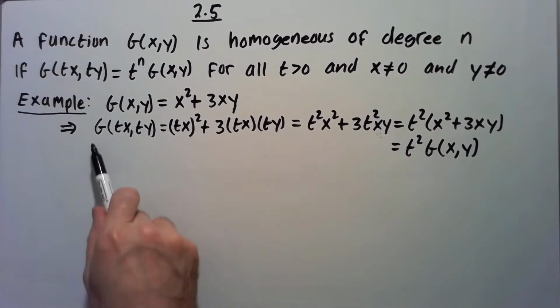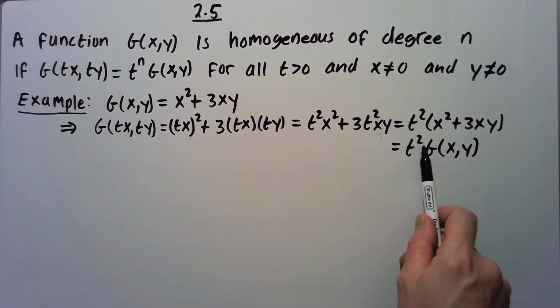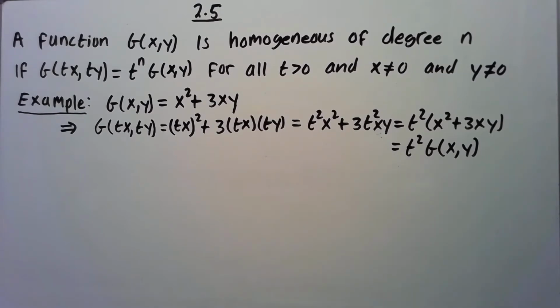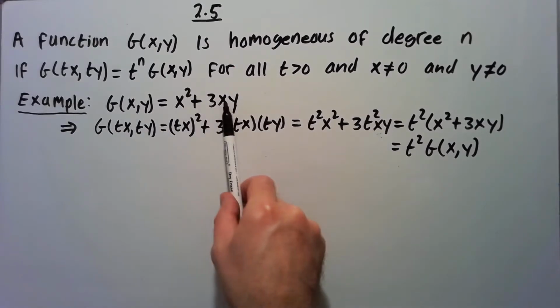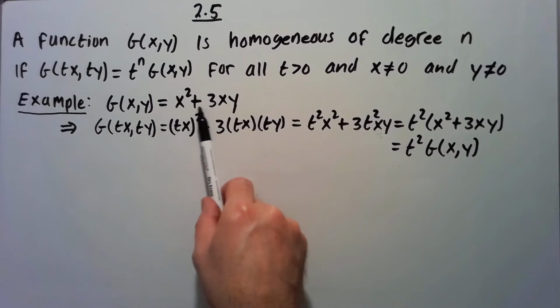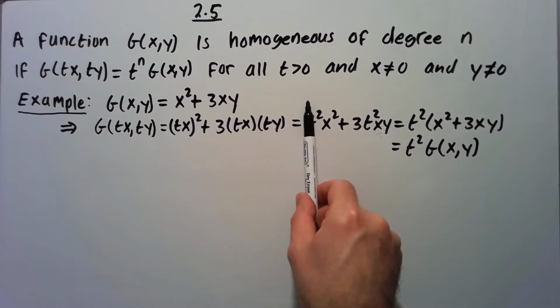So we've shown it's homogeneous of degree 2 because there's a 2 on this. If you think about it, a function will be homogeneous if each of the terms has the same degree. Here, this term has degree 2, this term has degree 2 also. So as long as all the terms have the same degree, it will be homogeneous.